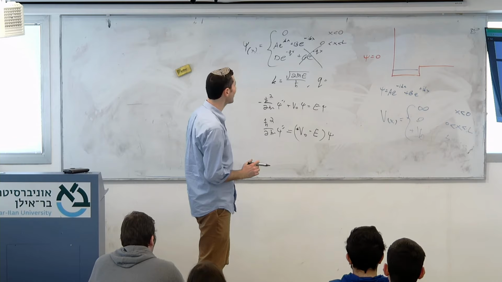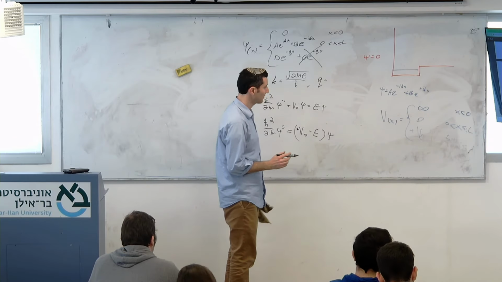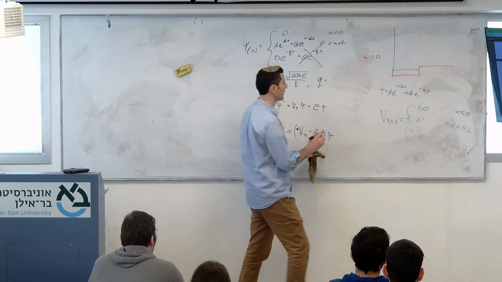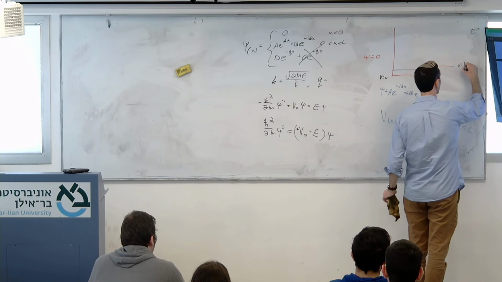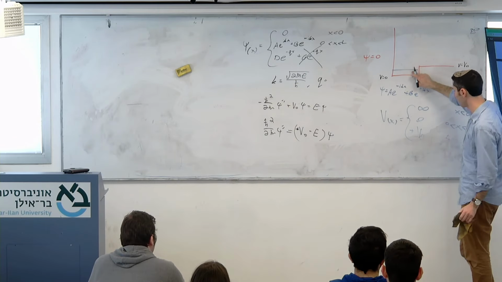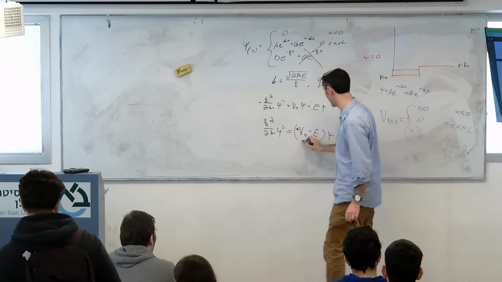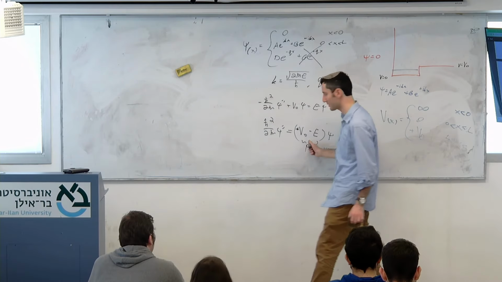Something didn't seem right. Now I know that my energy here is positive. Here V is 0, and here V is equal to V naught. So my energy here is positive, but it's smaller than this. So this thing here is positive. Do you see that it's positive?